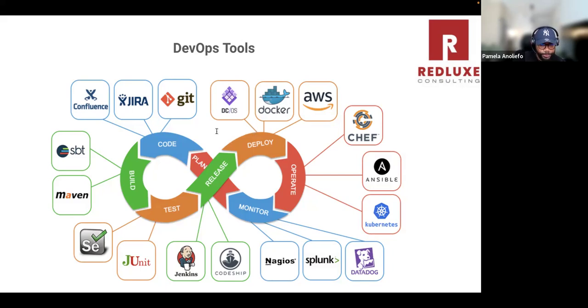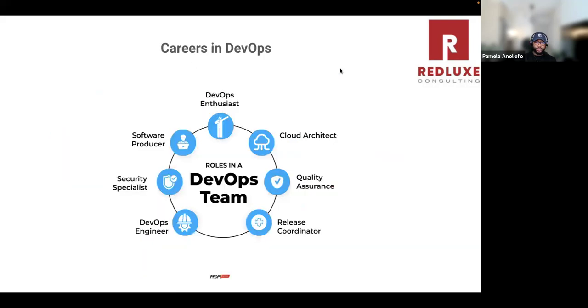There are different roles, different people do different things, and they all work together to ensure the efficient and effective delivery of applications and our web applications as well. So any other question before I move on to the next slide? No questions. Cool. All right.